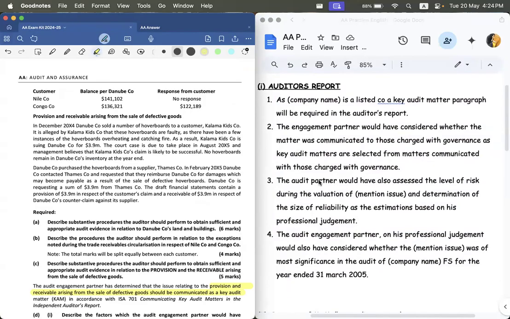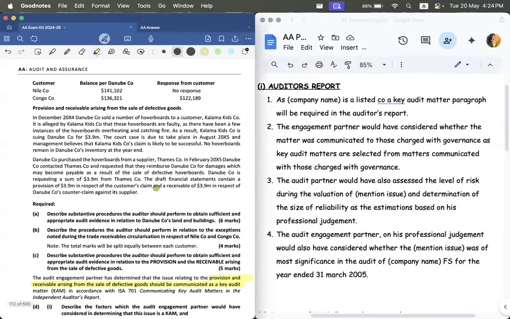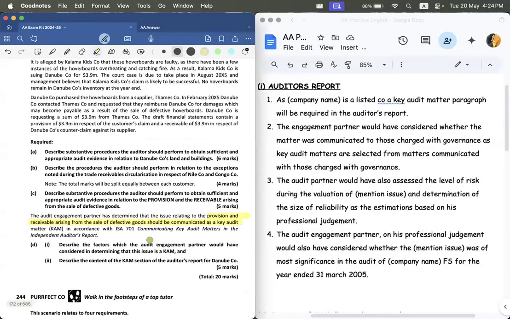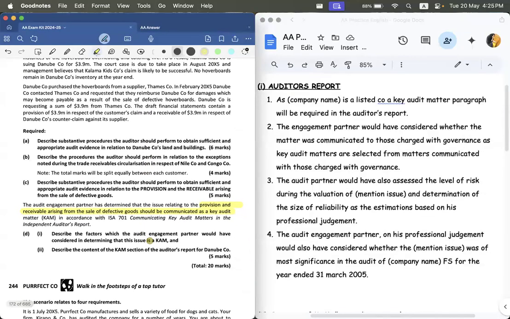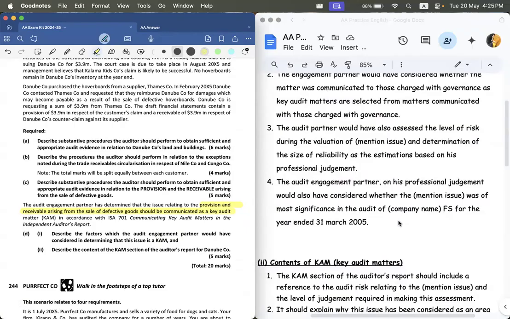Clear? Now, the third sentence would be that the audit partner probably must have assessed the level of risk during the valuation of which one? Provision and receivables arising out of the sale of defective goods. Clear? And determination of the size of liability, as the estimates are based on his professional judgment.